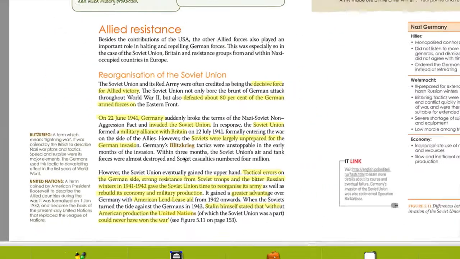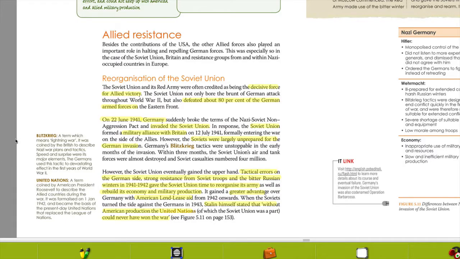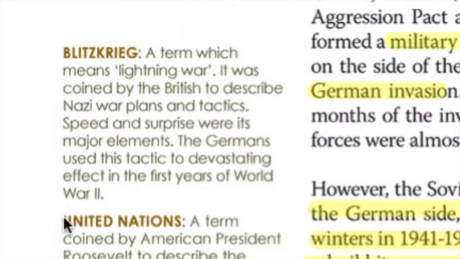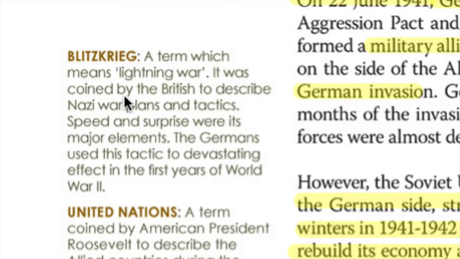Now, Hitler had a very cool war strategy called the Blitzkrieg, which means lightning war. As the name suggests, it was used to describe Nazi war plans and tactics because the strategy involved a lot of speed and surprise, and because of this, they were able to conquer a lot of areas very, very quickly.